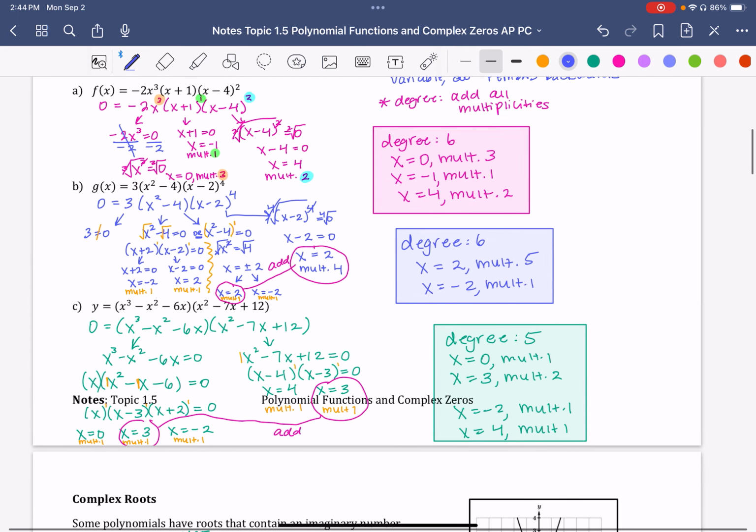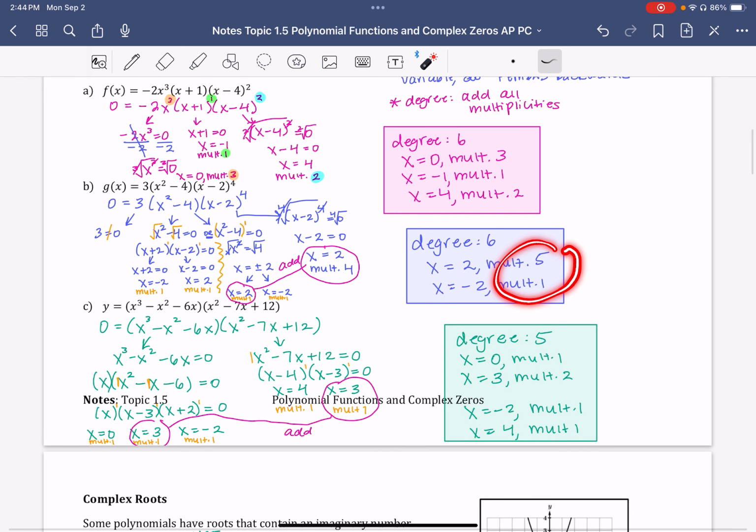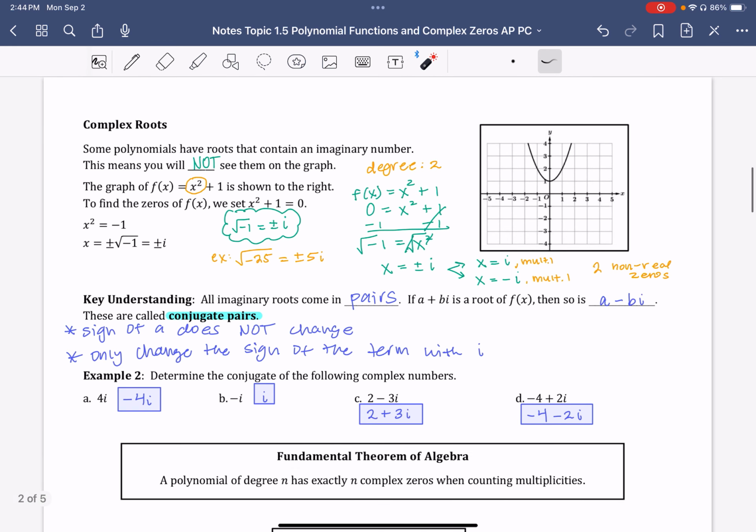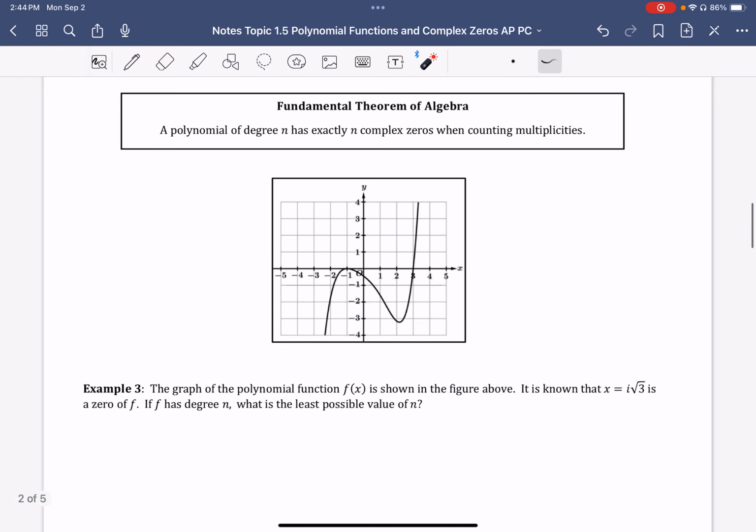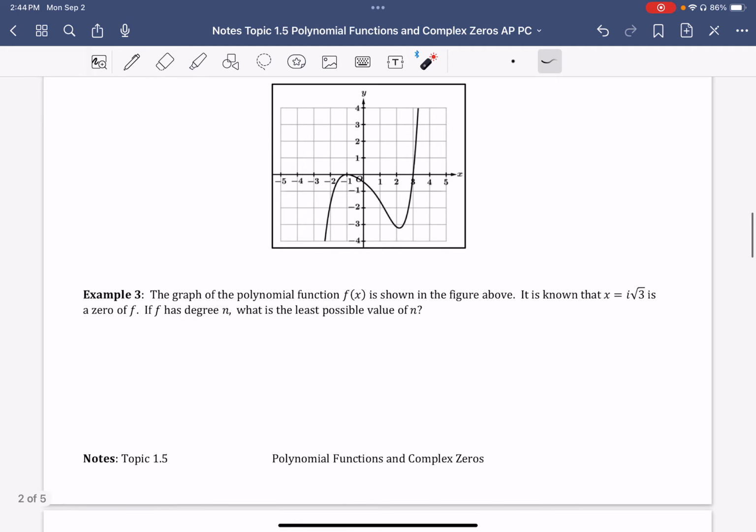So just to recap, here we added up all the multiplicities of these real roots, and they gave us the degree. Here we added our non-real roots, and it also gave us our degree. Sometimes you will have both in one function. One function can have a certain number of real roots, a certain number of non-real roots, and when you add them all up, that will equal the degree of that function, okay?